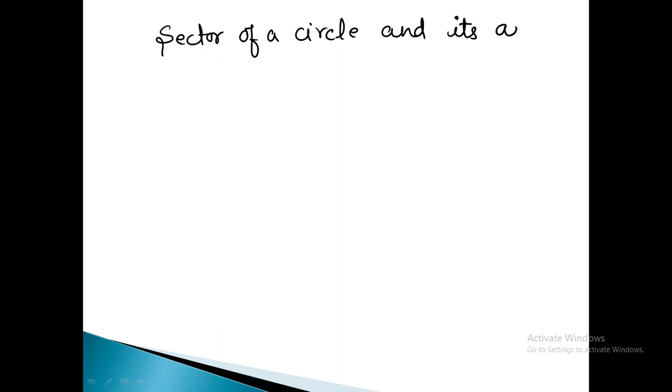Now next, how to calculate the sector of a circle and its area. A region of a circle enclosed by any two radii, and the arc intercepted between the two radii, is called the sector of a circle.